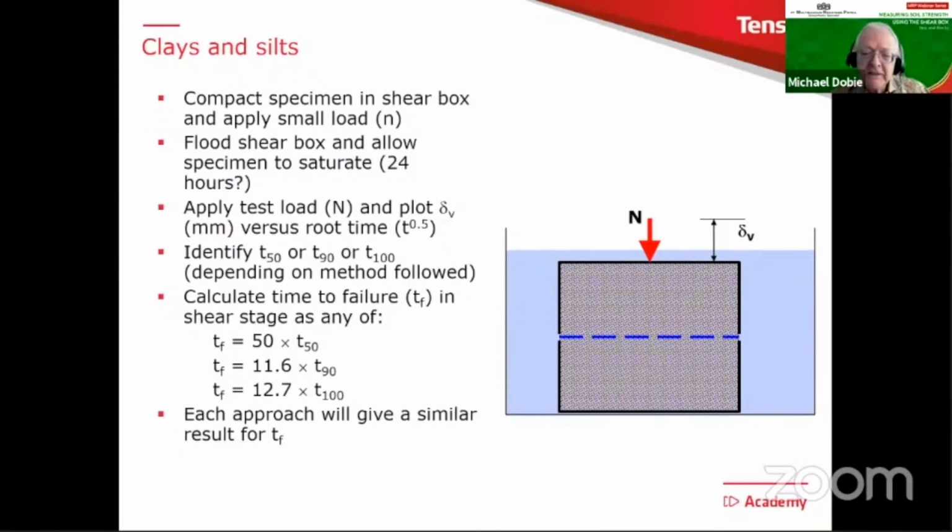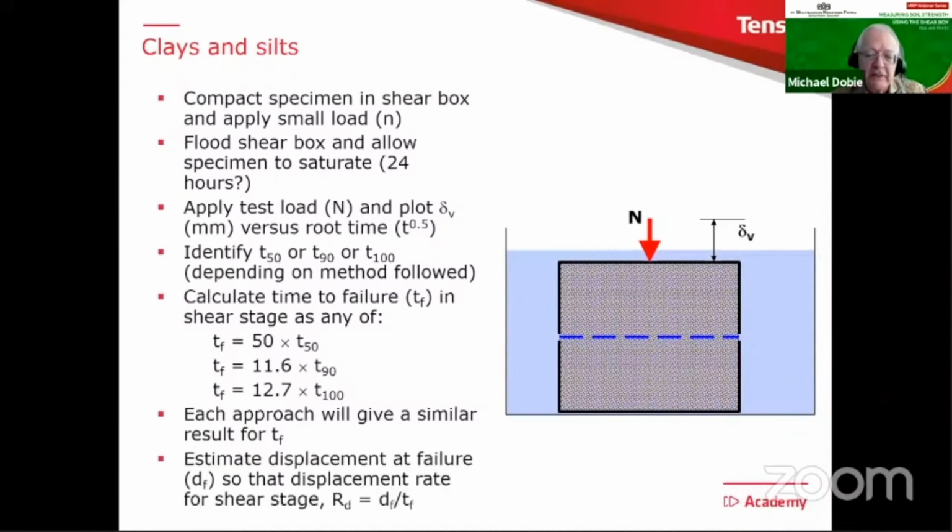Now, it doesn't really matter which one you use because they're going to give you much the same result. Once we've done that, we then have to make an estimate of our displacement at failure, which we probably know after we've done a few tests accurately. To begin with, you can guess it. And then from that, we calculate the rate of shear, rate of displacement, which equals dF over TF.